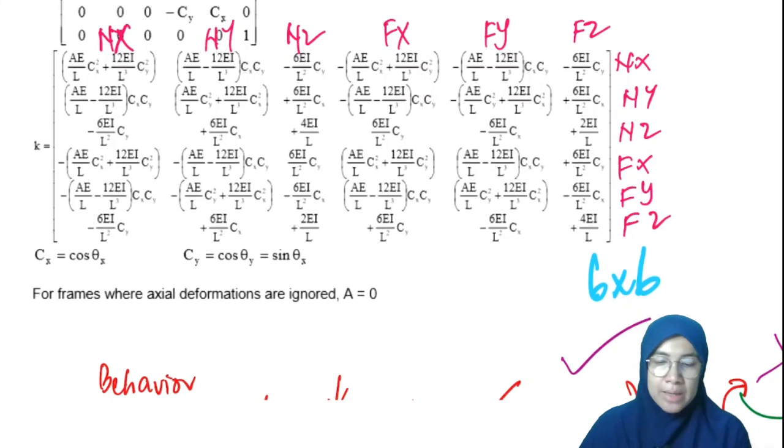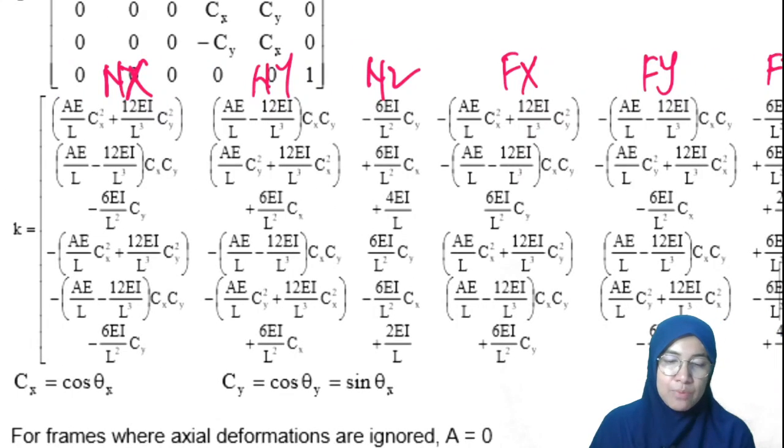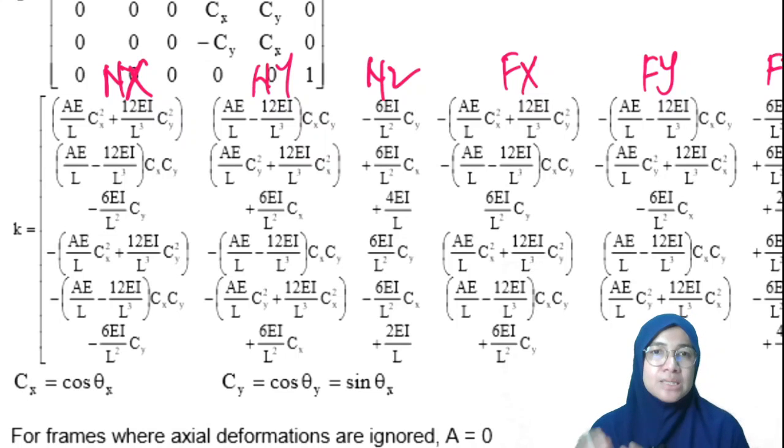If we look at the formula, there is a combination of AE and EI inside. AE and EI inside the formula mean that in a real situation, a frame gets the effect of flexural rigidity as well as axial rigidity.